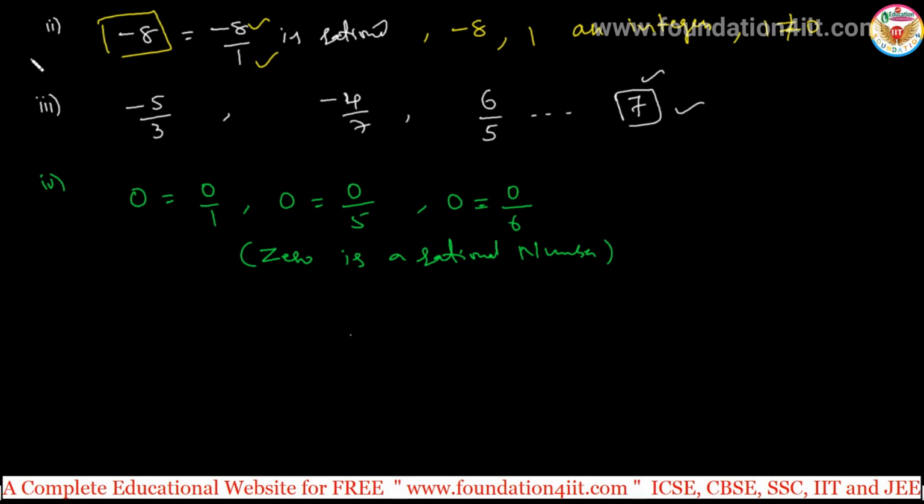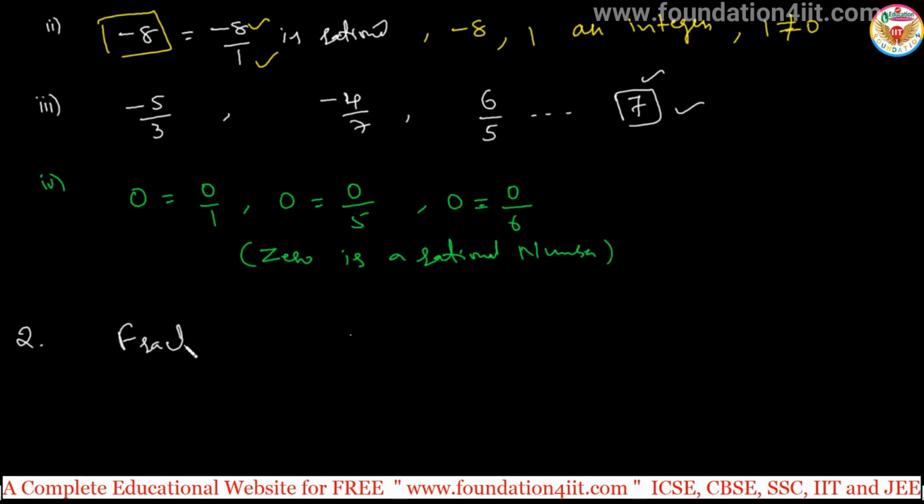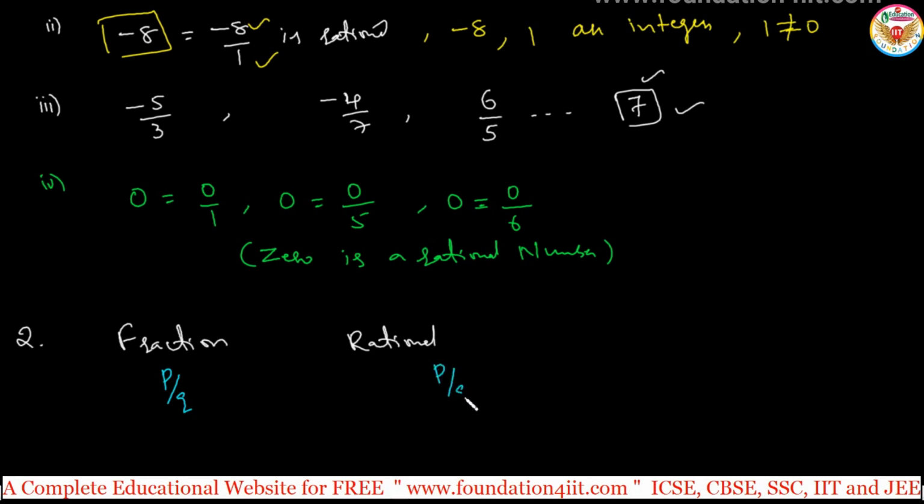And next, the important one: every fraction is a rational number, but the converse is not true. So what is the difference between a fraction and a rational number? A rational number, as we already did, is in p by q form.